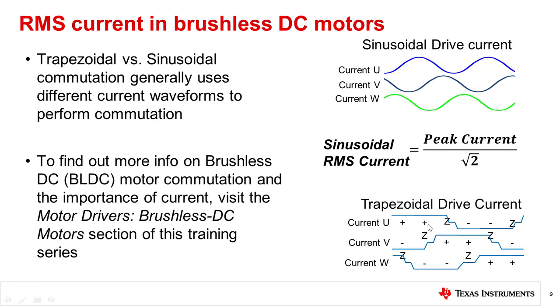For trapezoidal BLDC motors, the current through the windings is switched from positive current, then to an off state, then to negative current. The pattern is shown in the image on the bottom right. To find out more info on brushless DC motor commutation and the importance of current, visit the Motor Drivers Brushless DC Motors section of this training series.